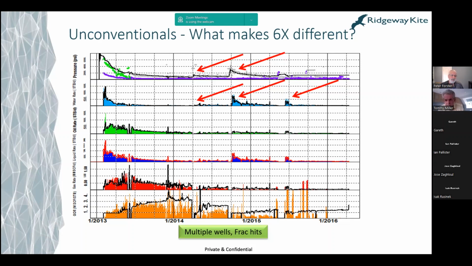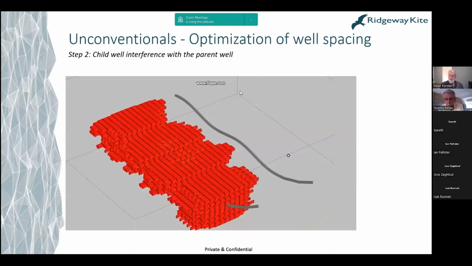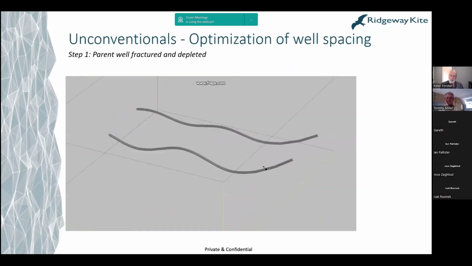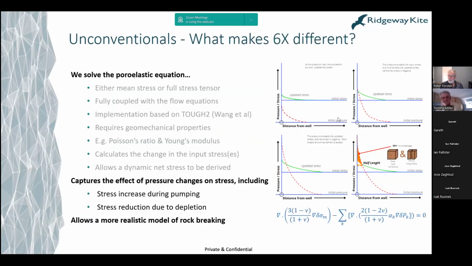Can you simulate stress change during well production? Yes. So what we showed there was the stress stiffening as we inject. The opposite effect of the stress relaxing as we produce also happens by the same process, this fully coupled poroelastic solve.